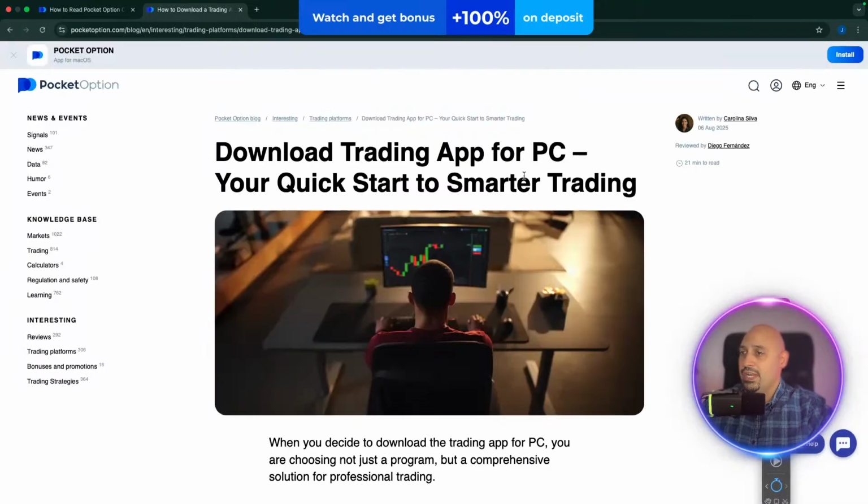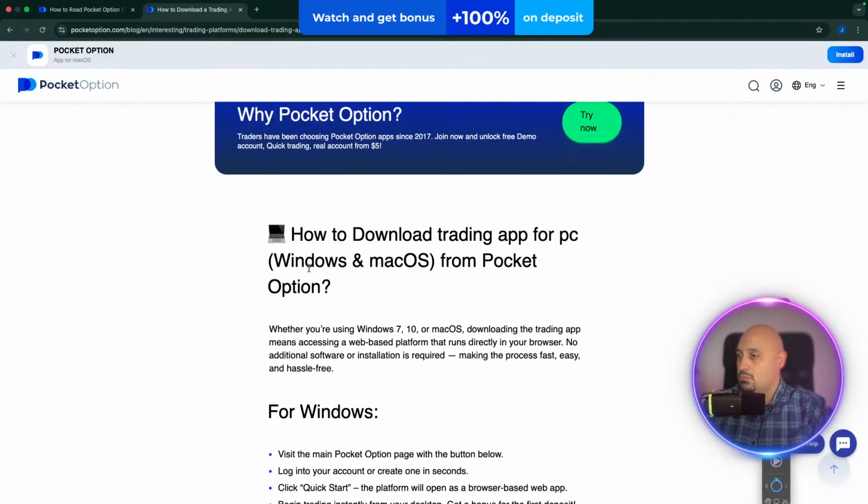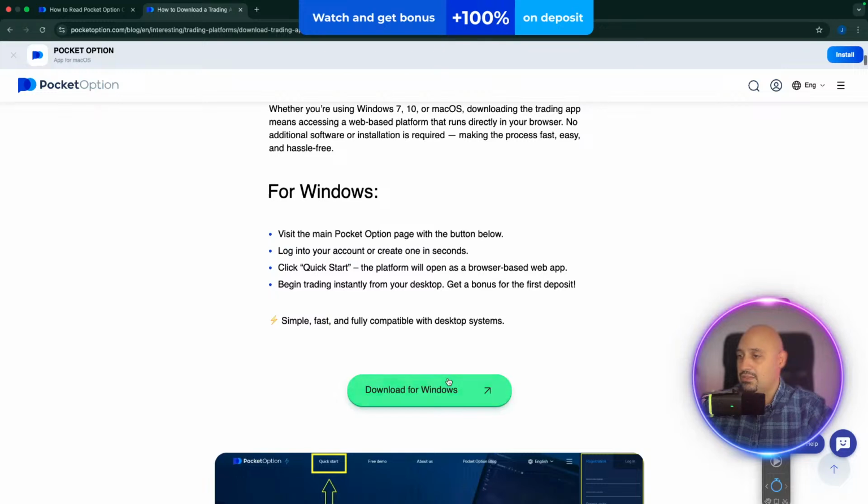Download trading app for PC, Windows and Mac from Pocket Option. Guys, it's very simple. There you go. Download for Windows. So TV, Wolf Killer ITA, this is where you go, my friend. Pocketoption.com forward slash blog. And then you can access the download for the Windows app from here.